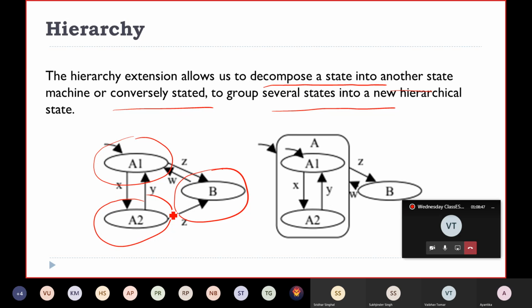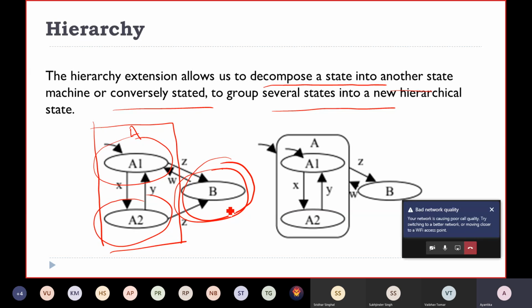Maybe we can say A1 and A2 are not separate, so they are coming from a system. Let's say all the states A1, A2, A3, up to AN are coming from another control.